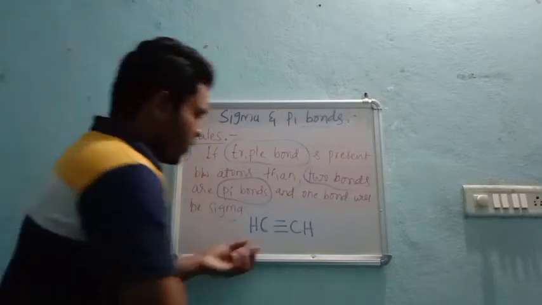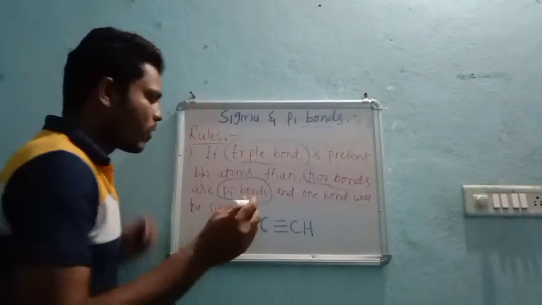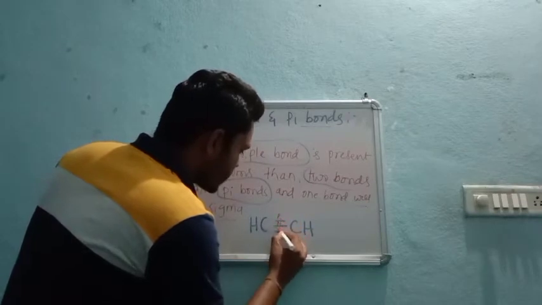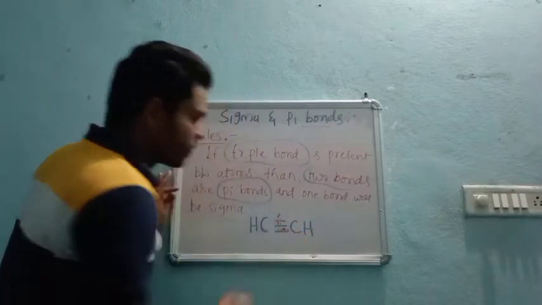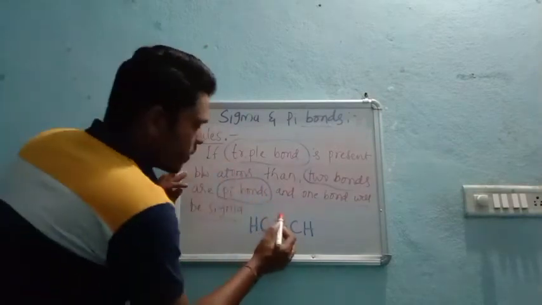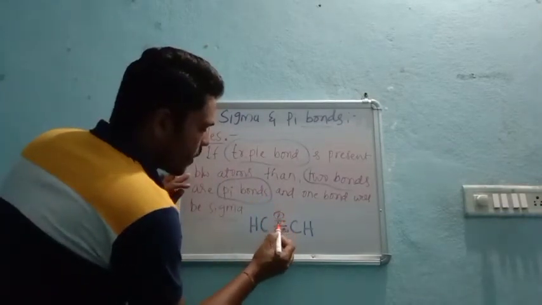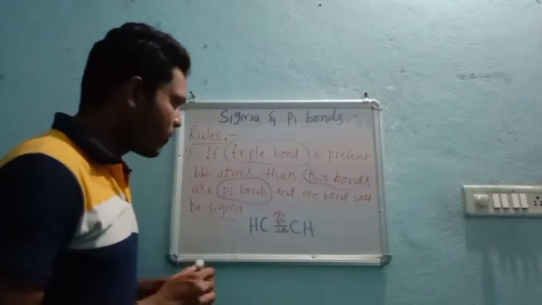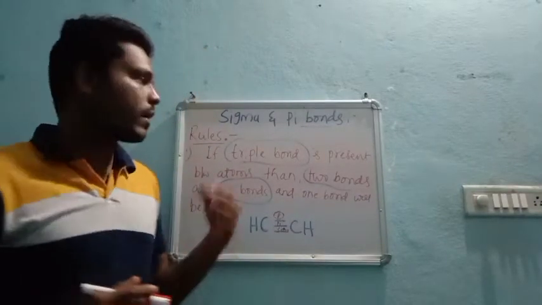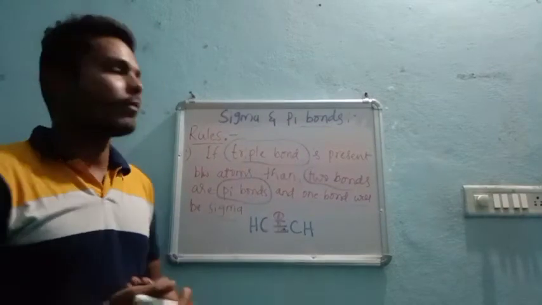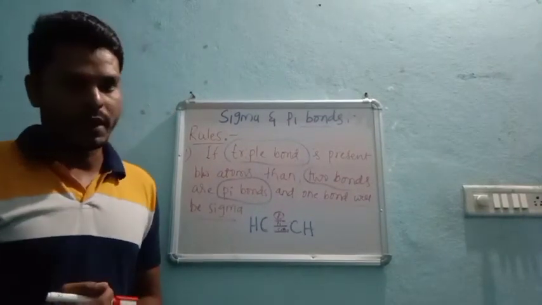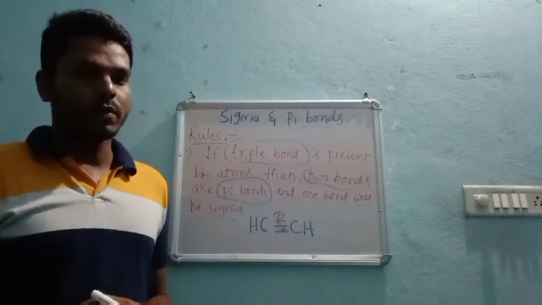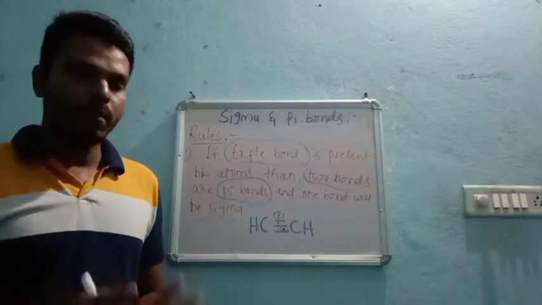Now, here you can call this a pi, or this a pi and this a sigma, or it might be a sigma and the rest two will be pi. But what we need to remember is, whenever there is a triple bond between any two atoms, there we definitely see two pi bonds and one sigma bond.